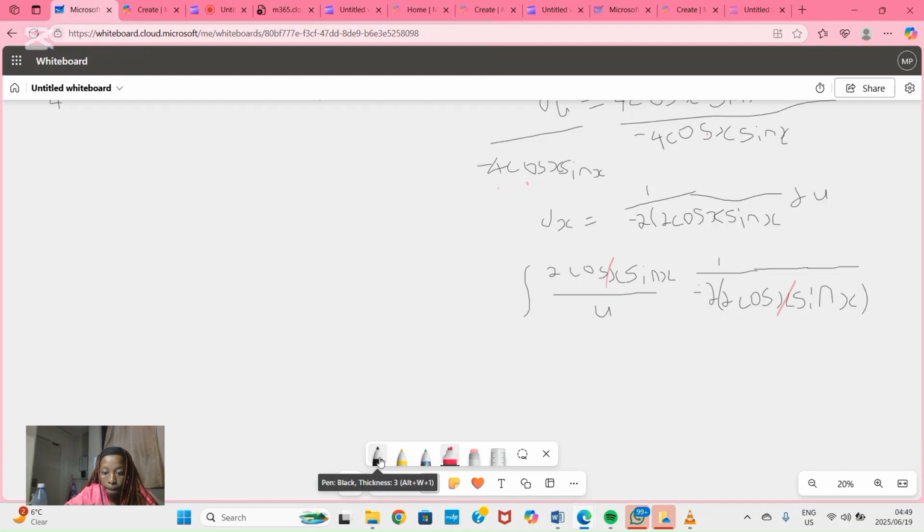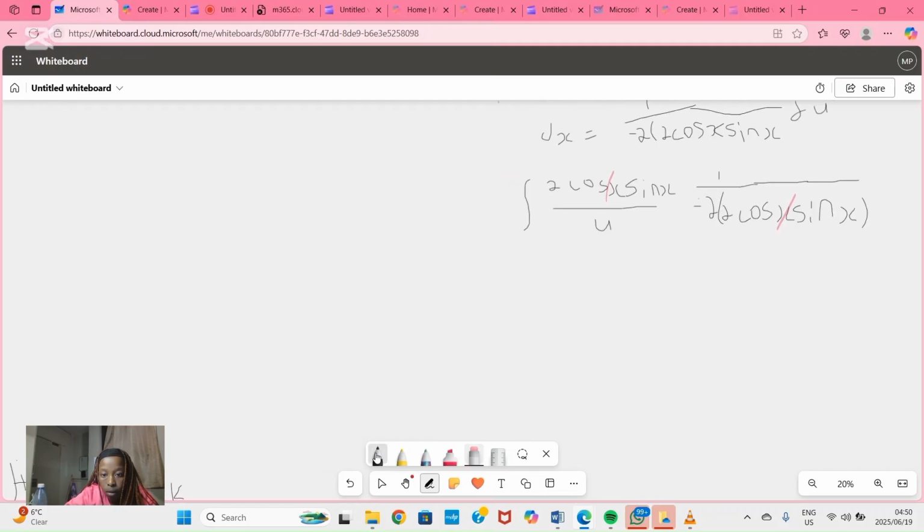the integral of 1 over u multiplied by 1 over negative 2.